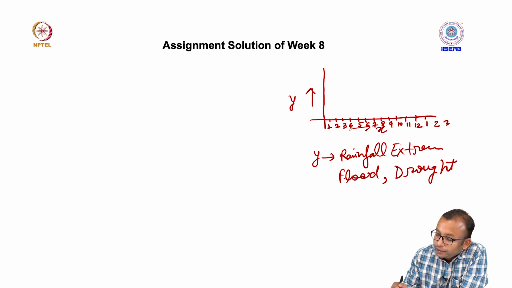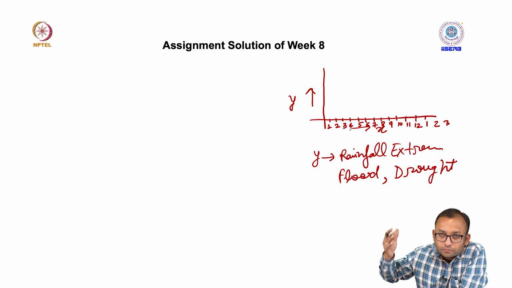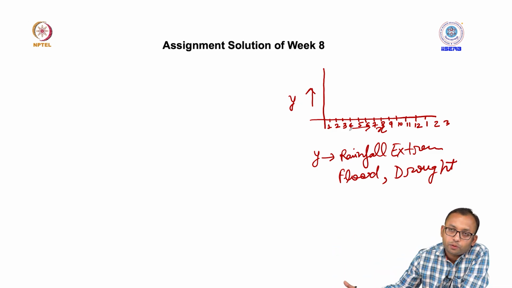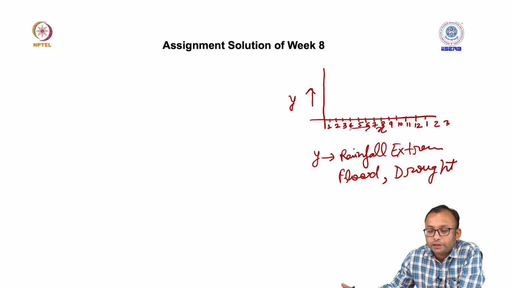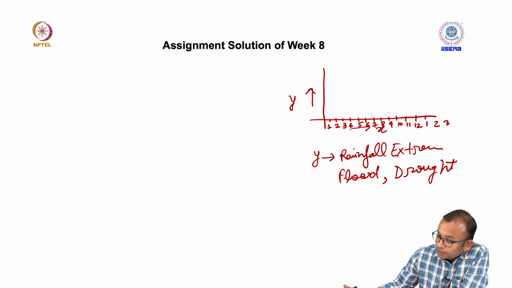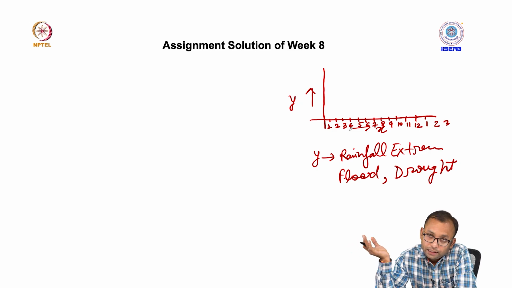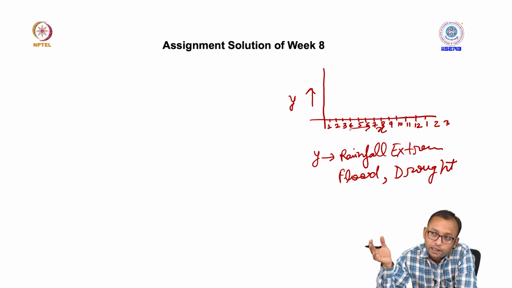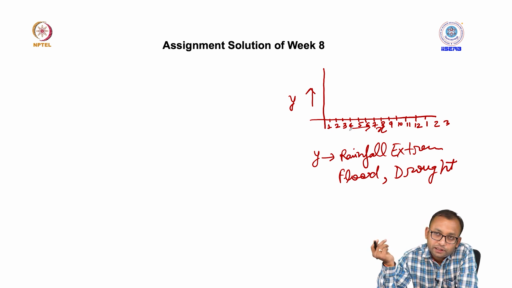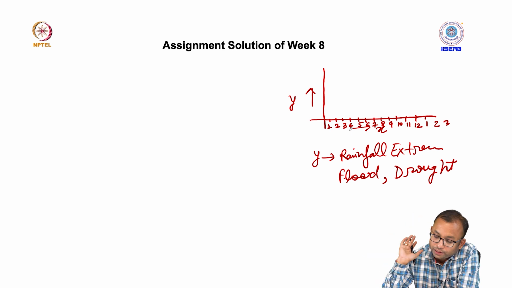Or it could be years, 1 to 10, representing 2001, 2002, 2003, 2004. Or it can be days, where you are talking about daily rainfall extremes, daily flow conditions, or daily temperature data.